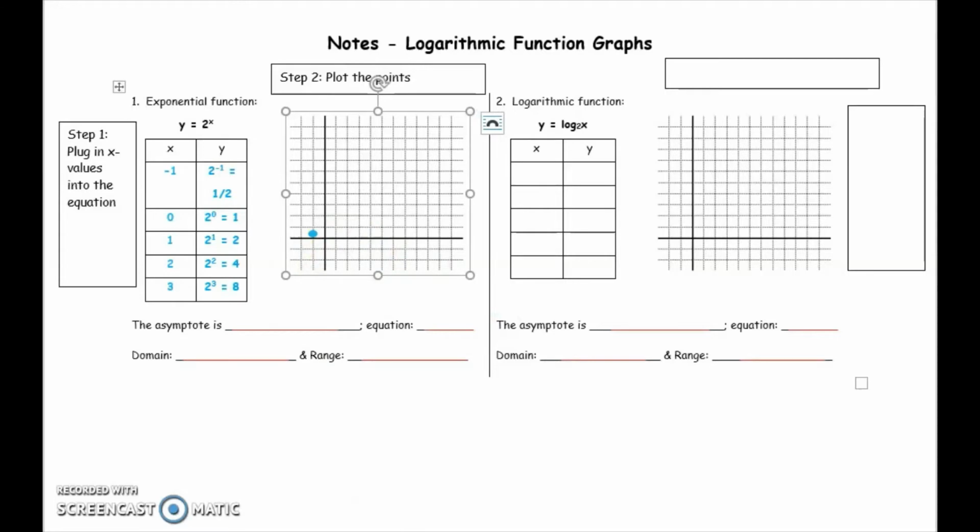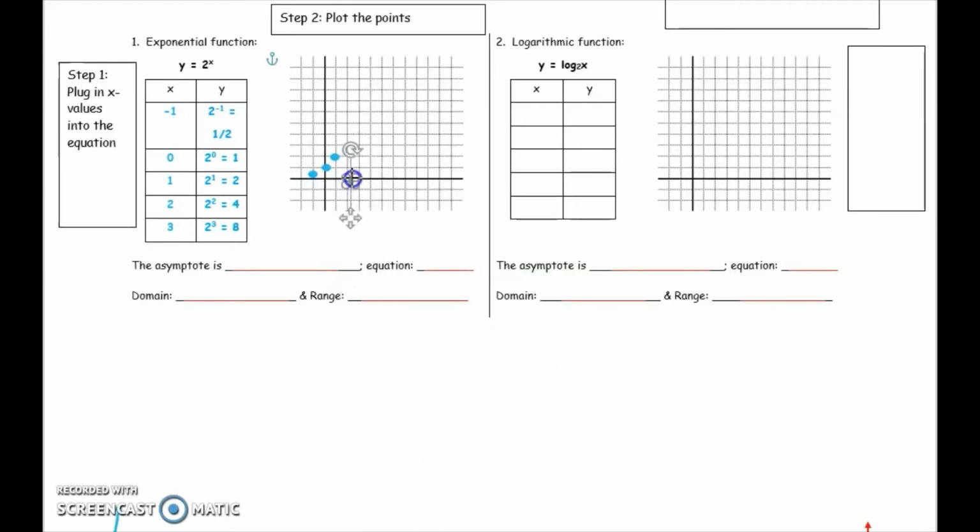Close enough. Over 0, up 1. Over 1, up 2. And then over 2, up 1, 2, 3, 4.